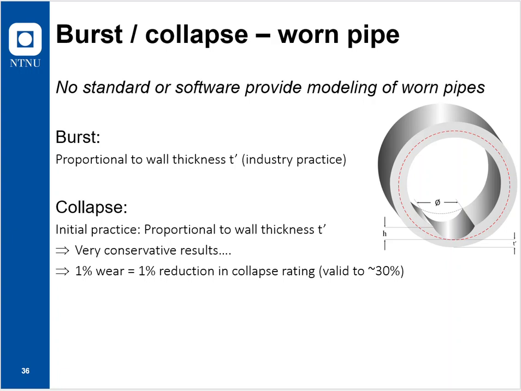What is interesting about casing, worn pipes? All pipes are worn, more or less. As soon as you start drilling, remember the picture of the pipe hanging suspended from the top drive.